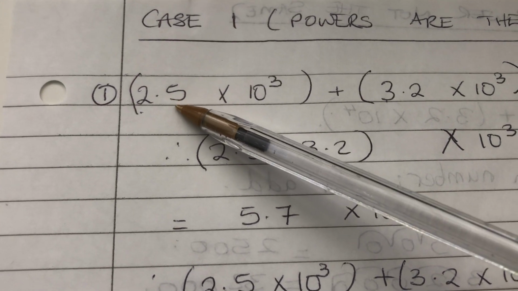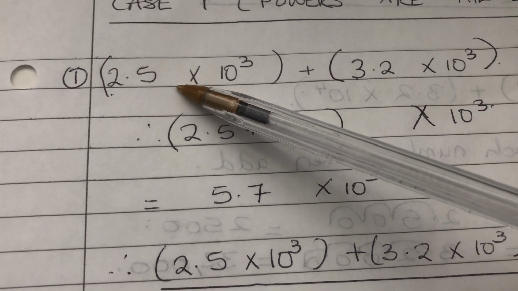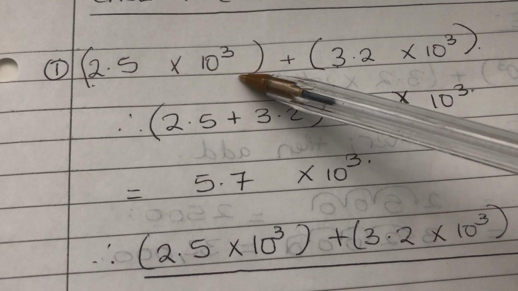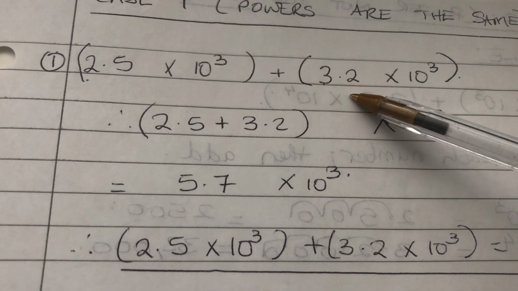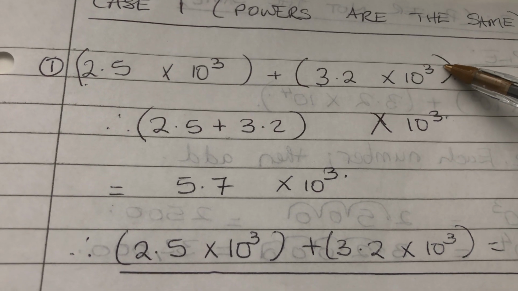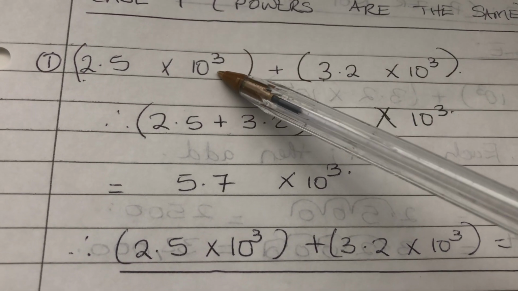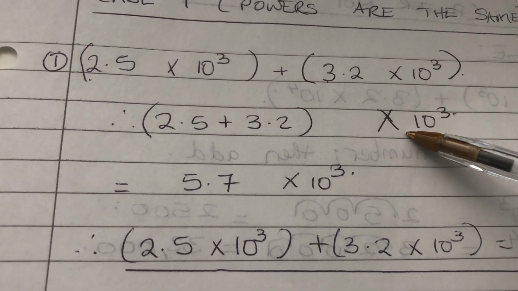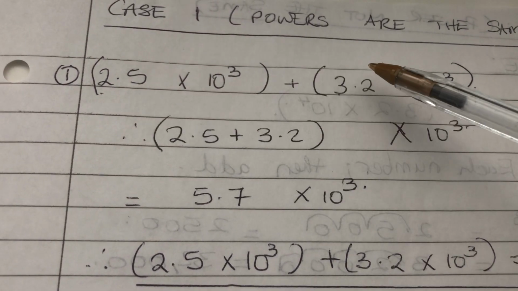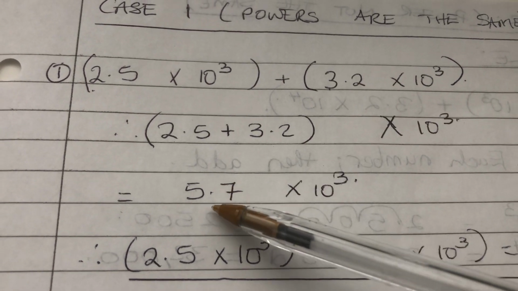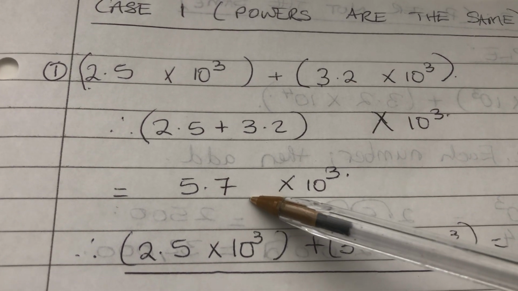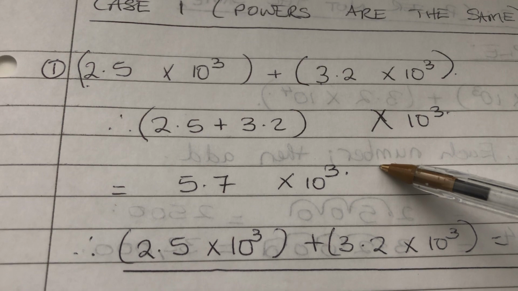So here the first example is 2.5 times 10 to the power 3 plus 3.2 times 10 to the power 3. Now 10 to the power 3 will come out. So we add 2.5 and 3.2, and we have 5.7 times 10 to the power 3.